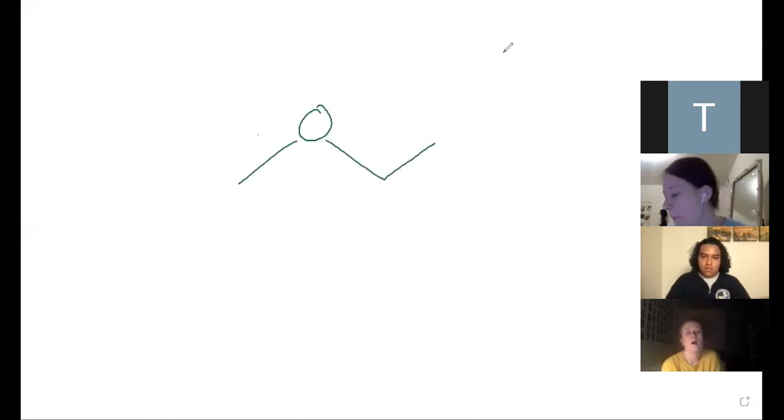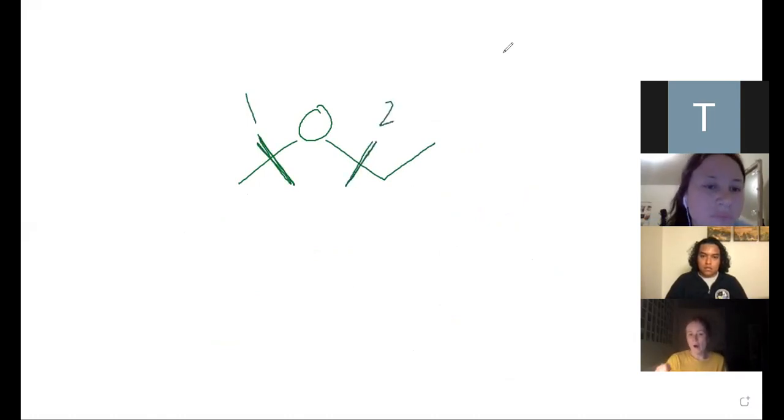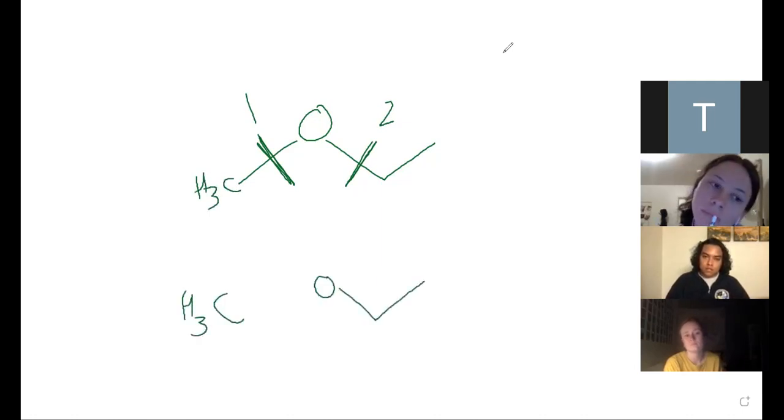Which side would I cut? Would I cut on 1 or would I cut on 2? 1, because imagine this is CH3, right? So if I cut on 1, I get a CH3 by itself, and then I get the O like that. And so you always, always, always want to cut it so that you can get the smallest little piece without the oxygen.